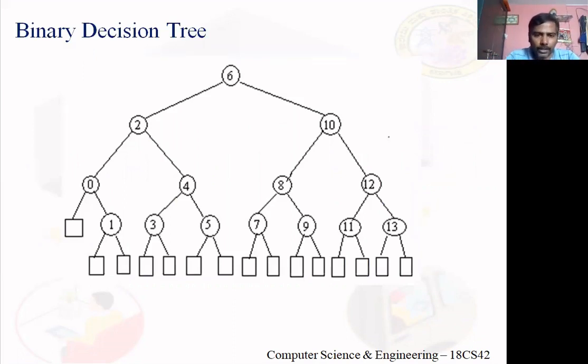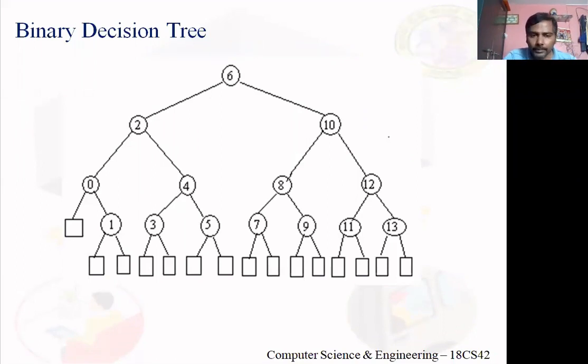Look at the last level circle nodes: 1, 3, 5, 7, 9, 11, 13. There are 7 elements at indices 1, 3, 5, 7, 9, 11, and 13. They are going to take the maximum number of comparisons, and that's 4.